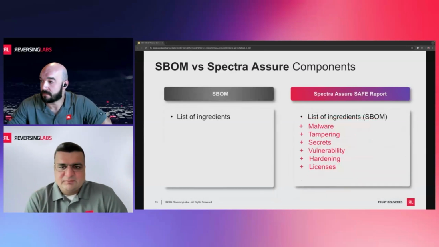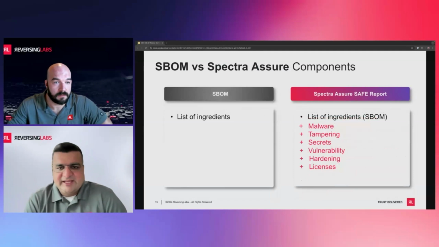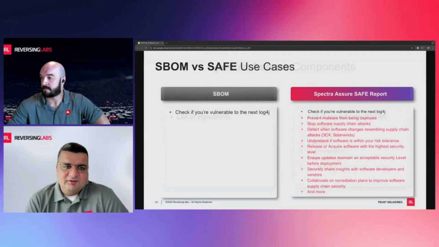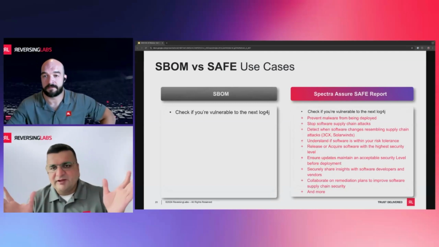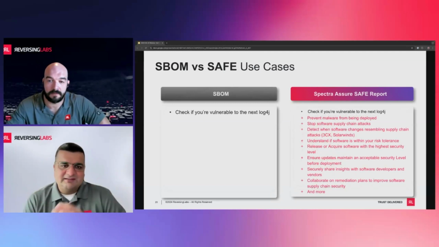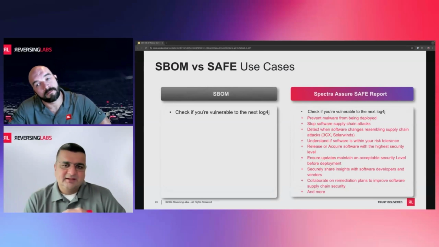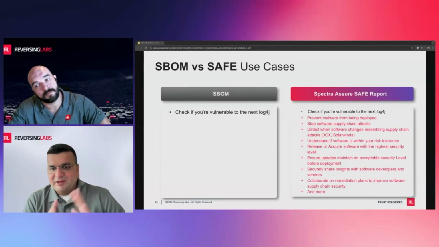So let's get on to the use cases on the next slide, where we compare the use cases for SBOM versus the use cases for our Spectra Assure SAFE report. With the SBOM, you can definitely check for the presence of components. So if I want to see if my software has log4j, an SBOM will definitely help you do that. But the SAFE report has quite a few additional benefits listed, so I'll pick the ones that are most important.